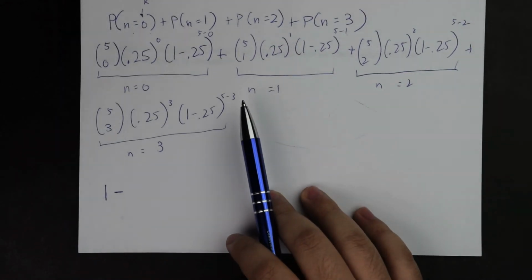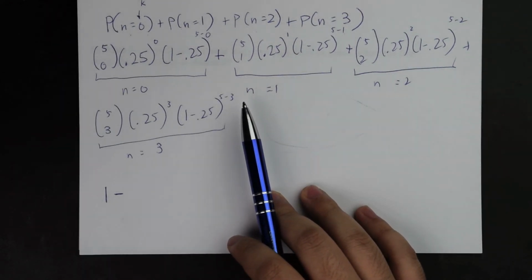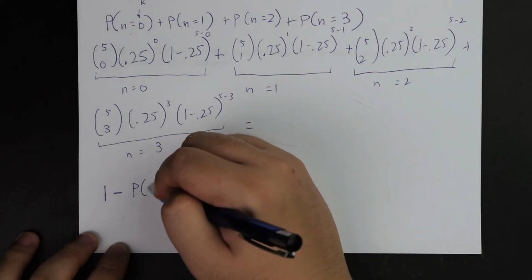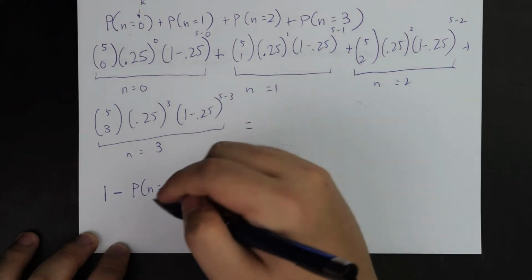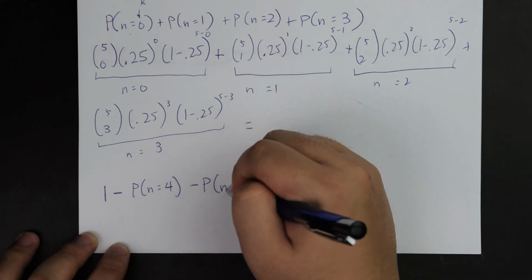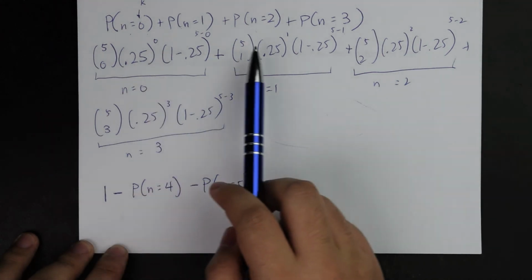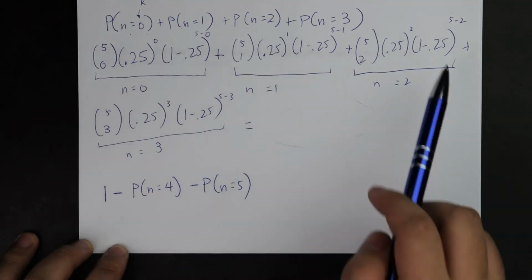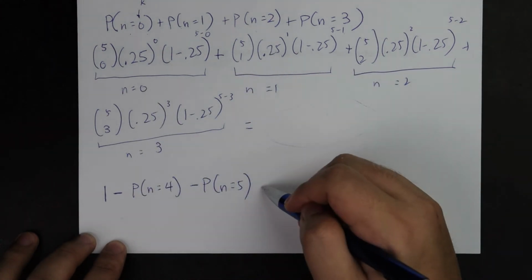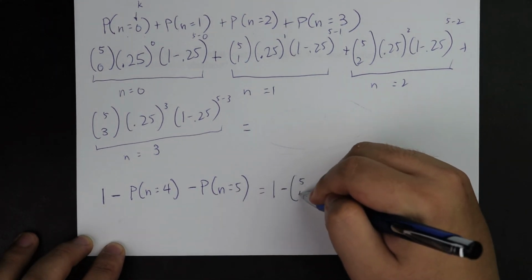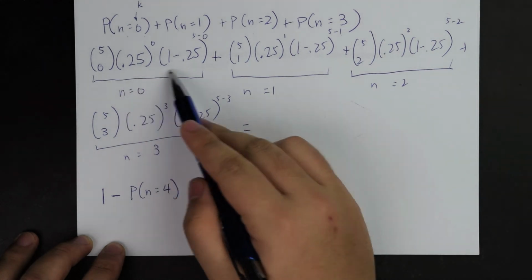And so I could actually do 1, or aka the 100% chance, minus the probability when n equals 4, minus the probability when n equals 5. If you notice right here, it's a lot simpler than what we're doing here. So this is simpler, and I'm going to go ahead and do the computation. So here, this one's going to be 5, 4, and I'm doing the same procedures as I did here.